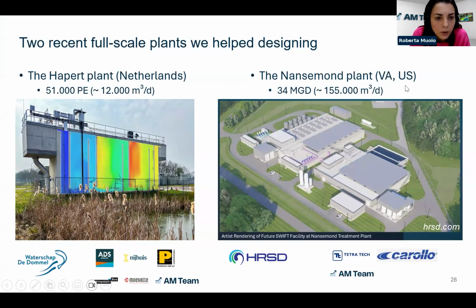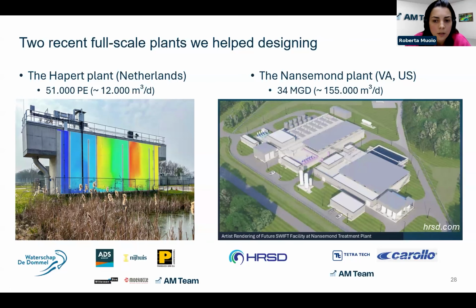It's about 12,000 cubic meter per day, and it's focused on micropollutant removal, so as a quaternary treatment step. And the other one, the Nansemond ozonation reactor in Virginia, is a much larger installation, around 155,000 cubic meter per day. And this is part of a whole potable reuse facility.